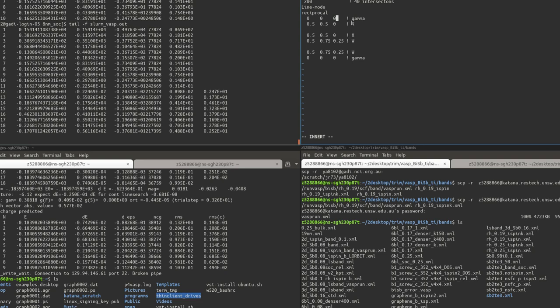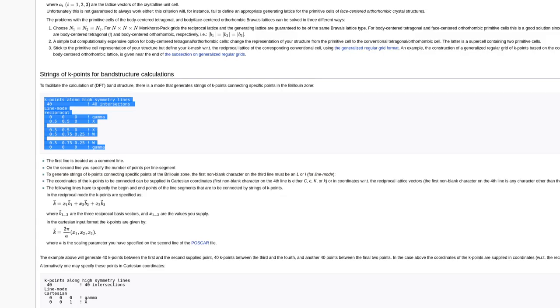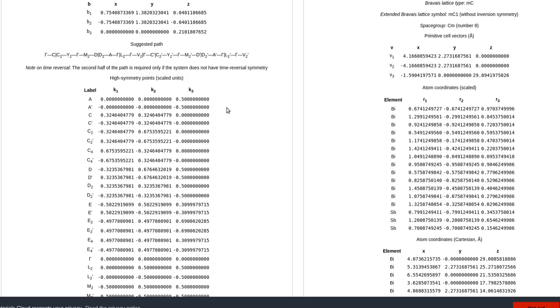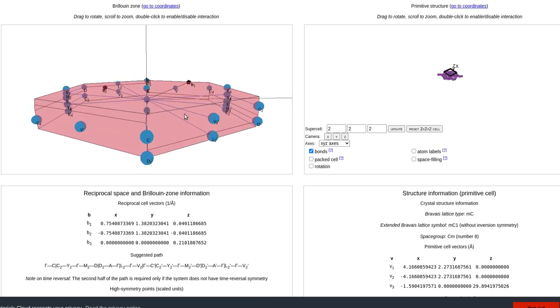But do we need these numbers or not? Actually, I think that I already have points, but let's do it again. We don't need too many kpoints.